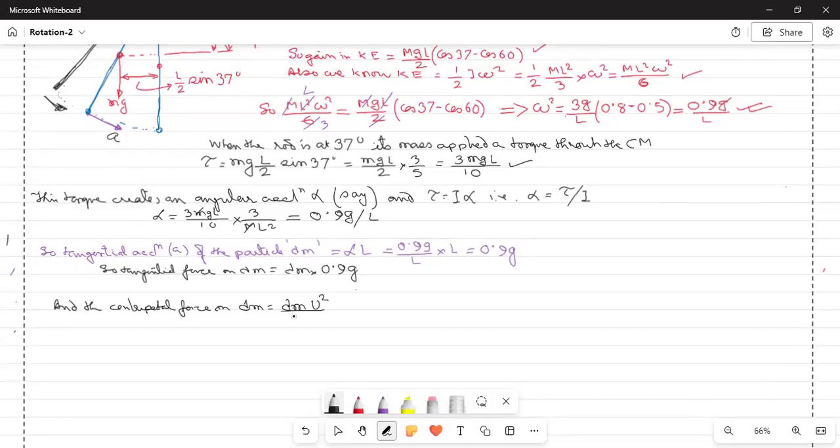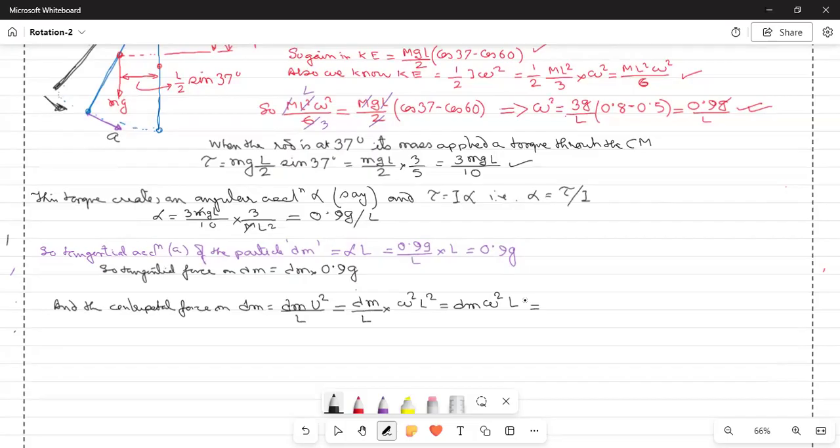But v is equal to omega r, so here it will be omega square L square by L. This will be equal to dm omega square L.